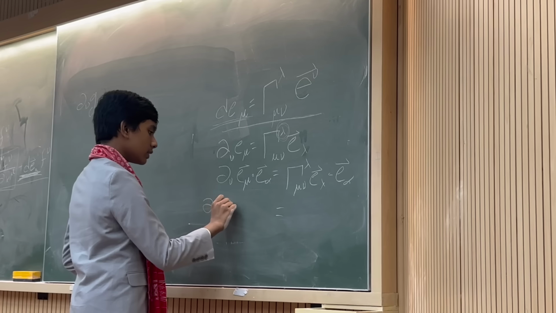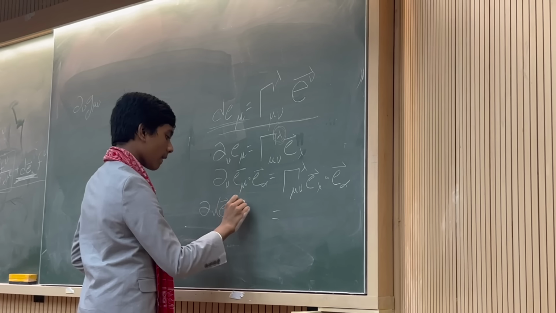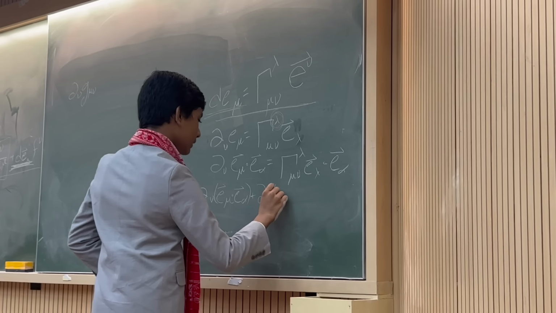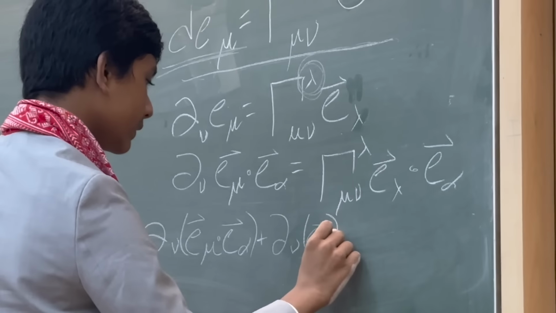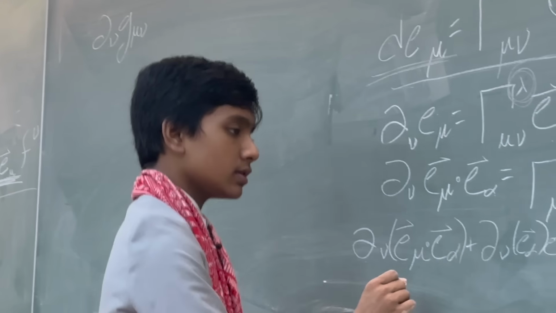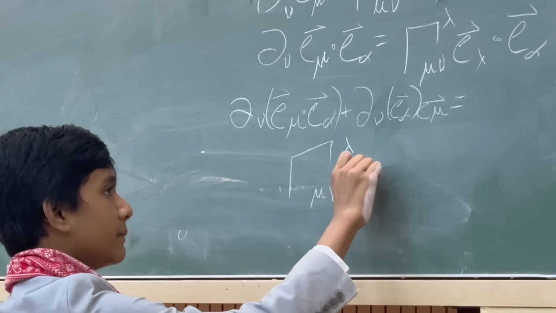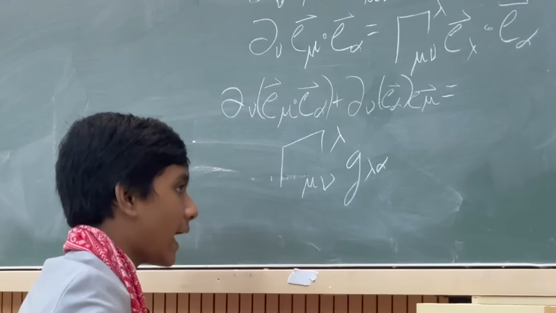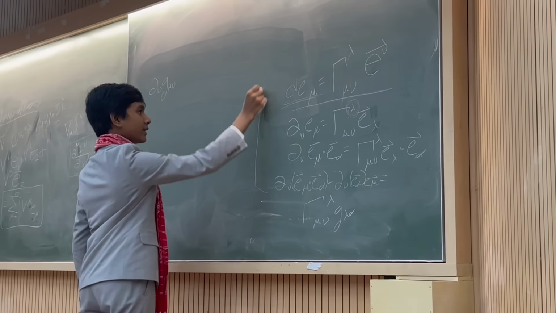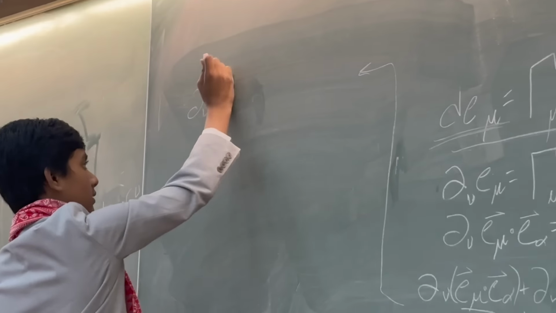So this is going to be partial_nu e_mu dot e_alpha plus partial_nu e_alpha e_mu. And this is going to be equal to the Christoffel symbol times the metric sub lambda alpha. Let me just rewrite that here a little bit.